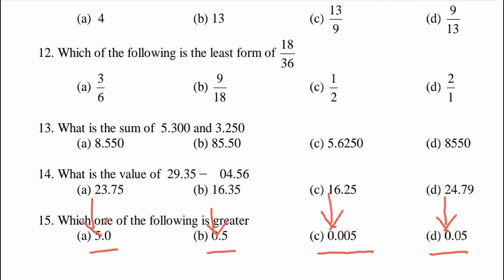So here check the digit which is given before the decimal point. Here it is 5, here it is 0, 0, 0. And 5 is greater than 0, right? So we can say that 5.0 is the greater number.